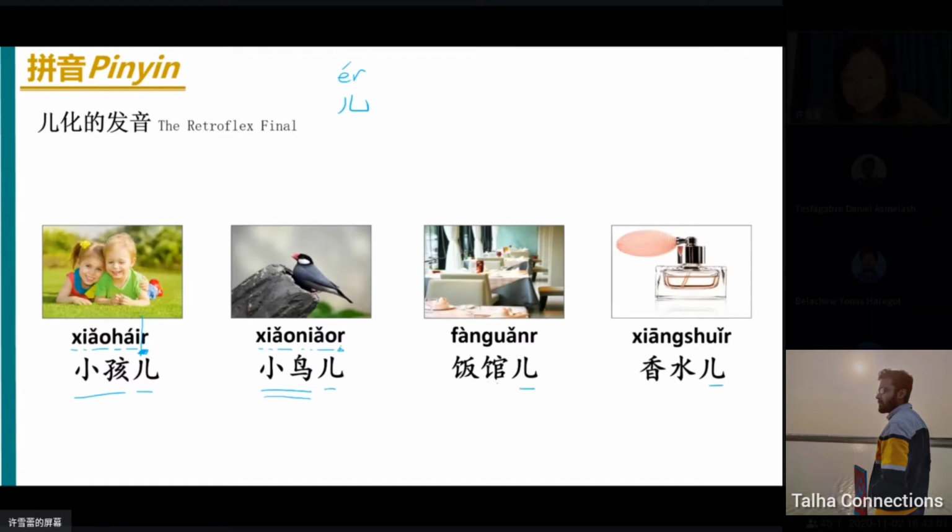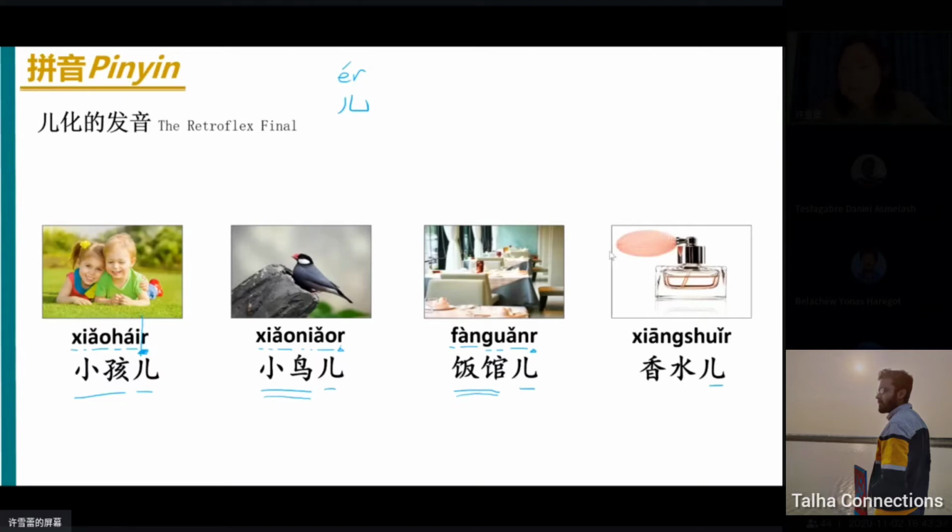Now, the third example, this one, fàn guǎn, 饭馆, and retroflex added to it 饭馆儿, again 饭馆儿.